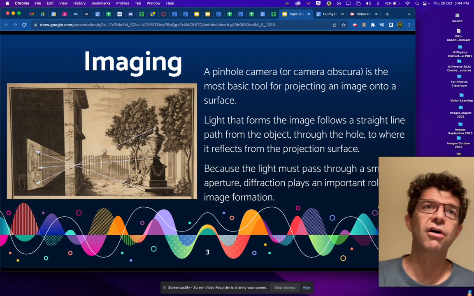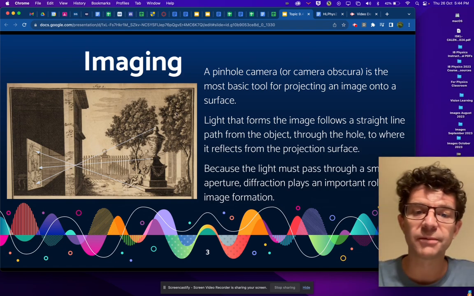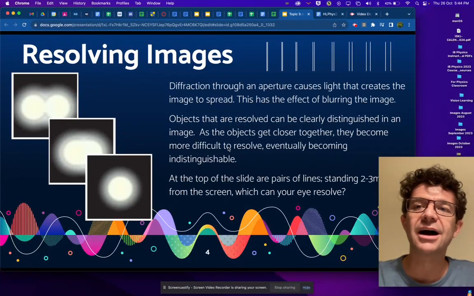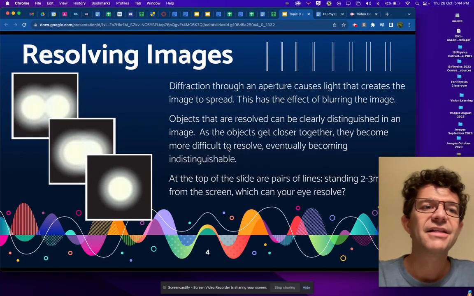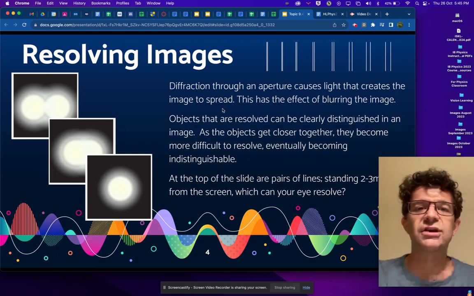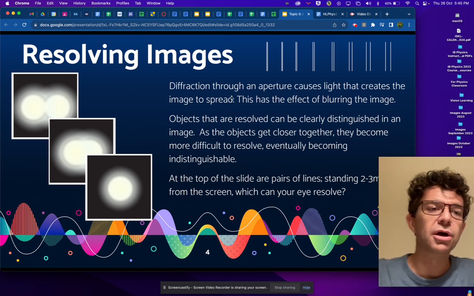All of them involve apertures of some sort. And that's going to lead to the diffraction of the light that prevents us from resolving images. So, because diffraction through an aperture causes the light to spread out, this can effectively blur an image.